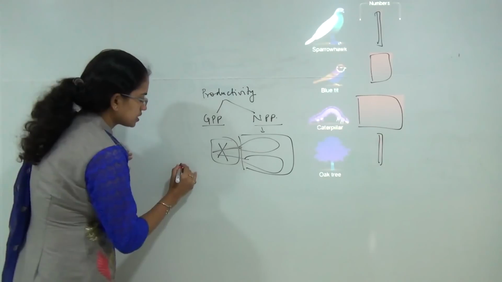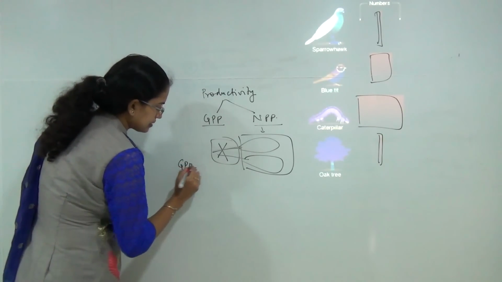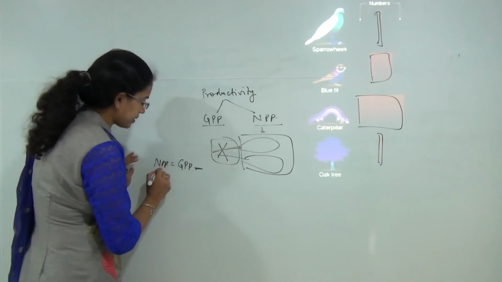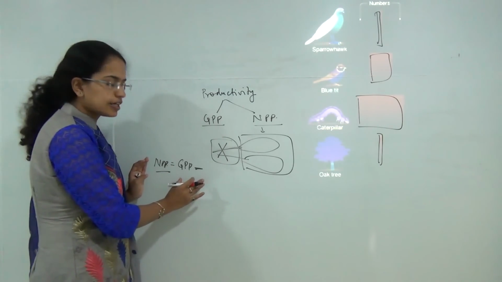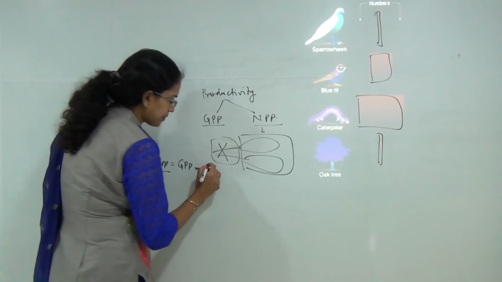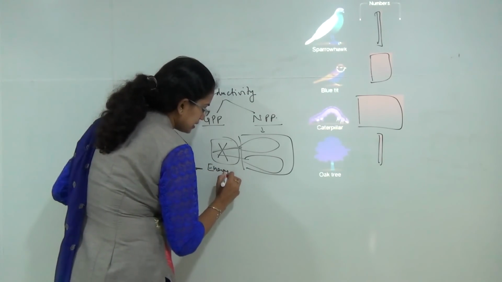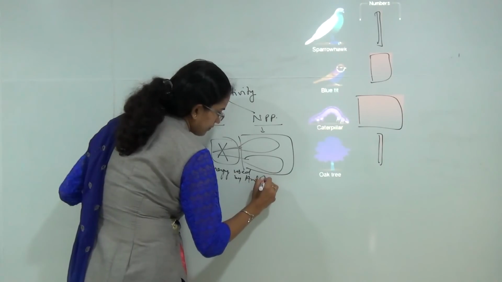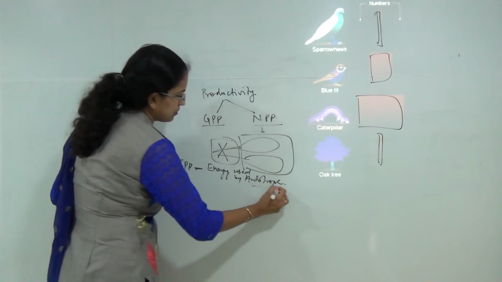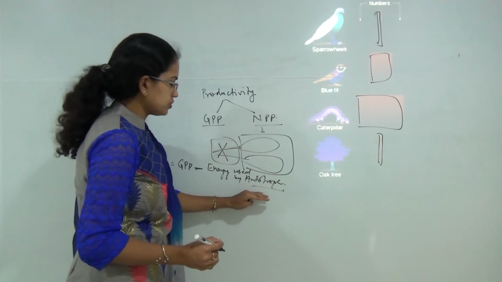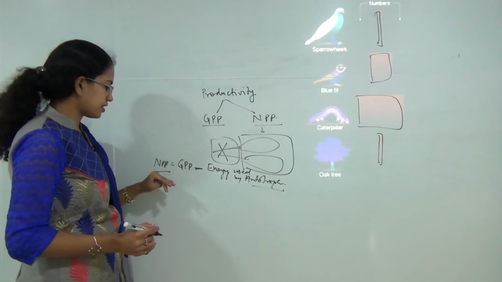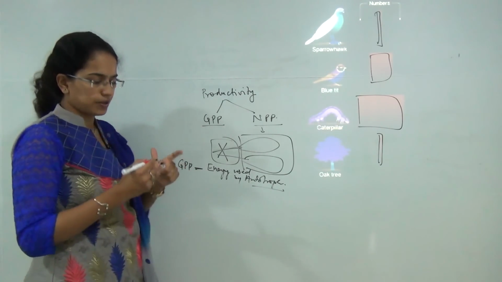So net primary productivity could be depicted as gross primary productivity minus the energy used by the autotrophs. So whatever energy in case of ecosystem is being used by autotrophs is deducted from the gross primary productivity to obtain net primary productivity.